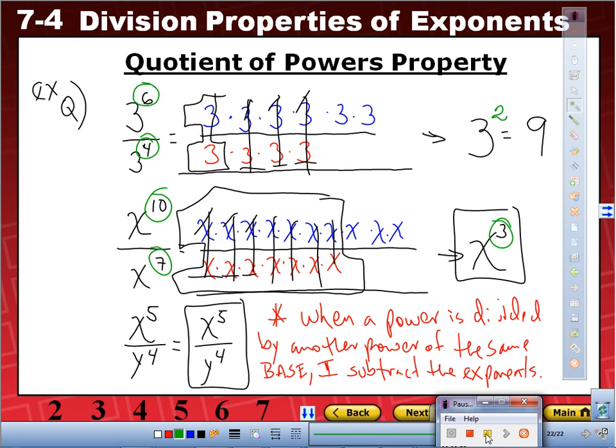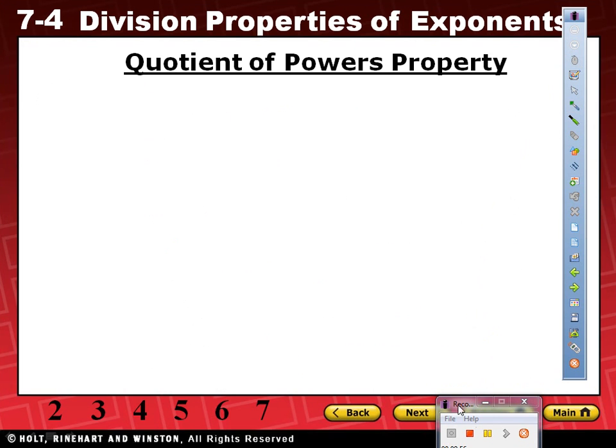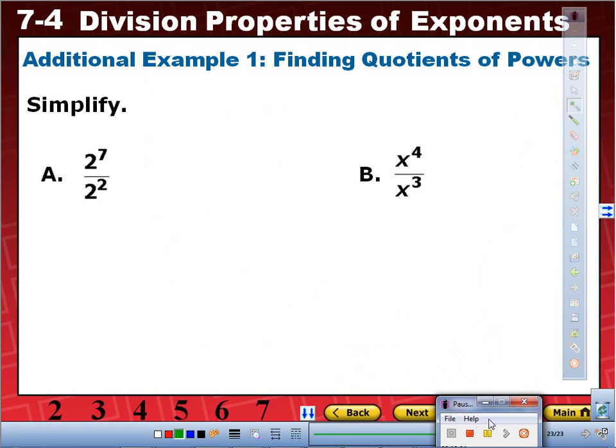Okay, let's practice these. Copy these down, please. 1A and B. Do those by yourself. Go. Here we go. According to the quotient of powers property, if they have the same base, all we have to do is what? Subtract the exponent.